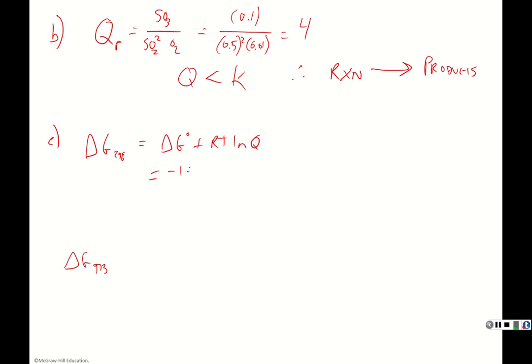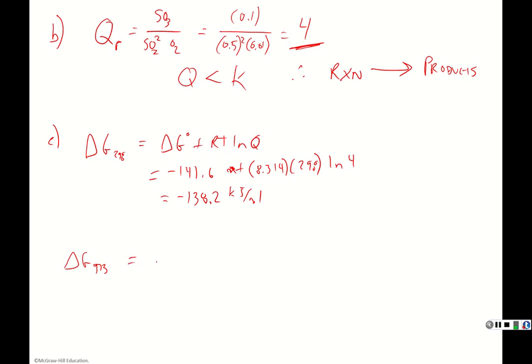So minus 141.6 kilojoules per mole plus 8.314 times 298 times the ln of 4. That was the Q that we calculated in part B. Under those conditions, our delta G is negative 138.2 kilojoules per mole.